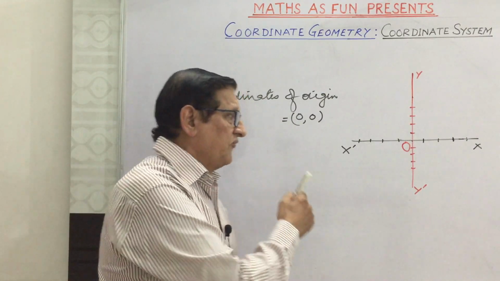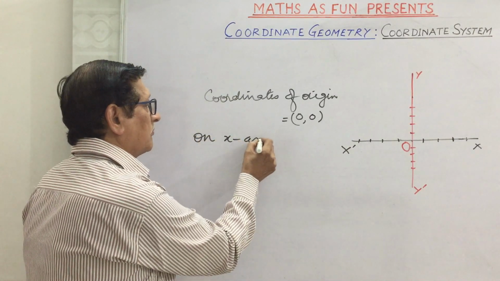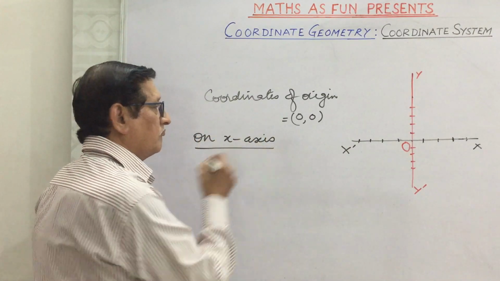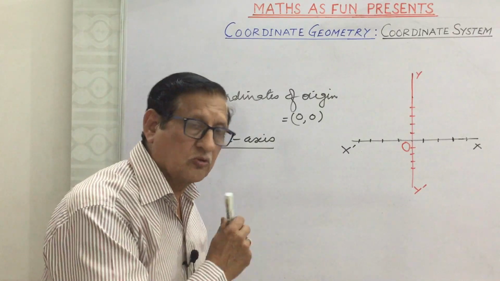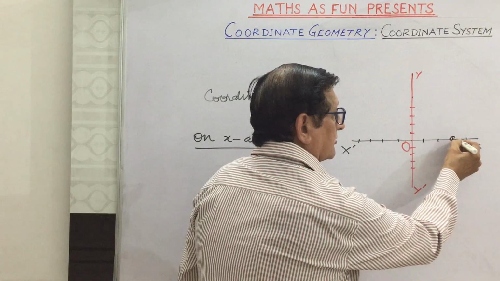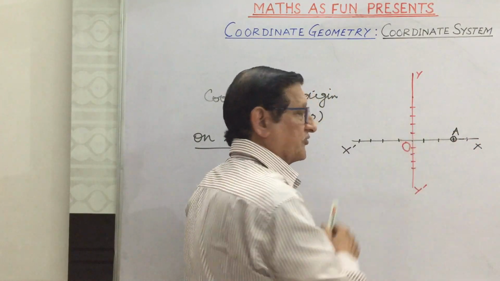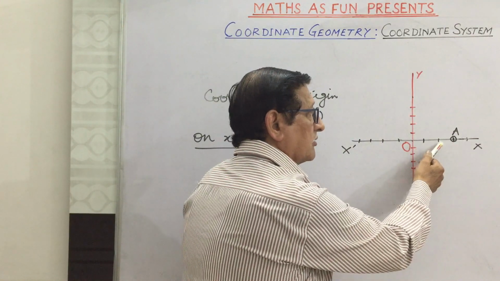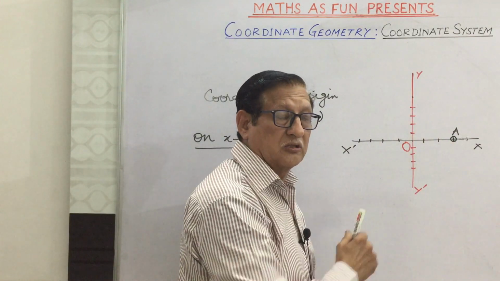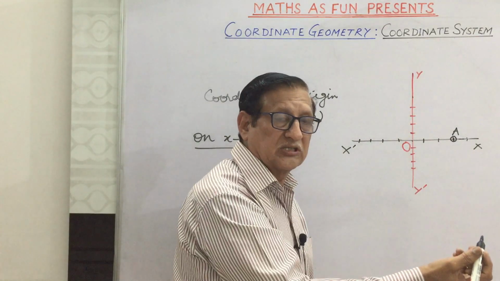Let's learn now, if a point lies on x-axis, what will be its coordinates? See, suppose we plot a point here. This is suppose A. What about the coordinates of it? We are moving 3 points on the x-axis in the positive direction, but along the y-axis no distance has been moved.